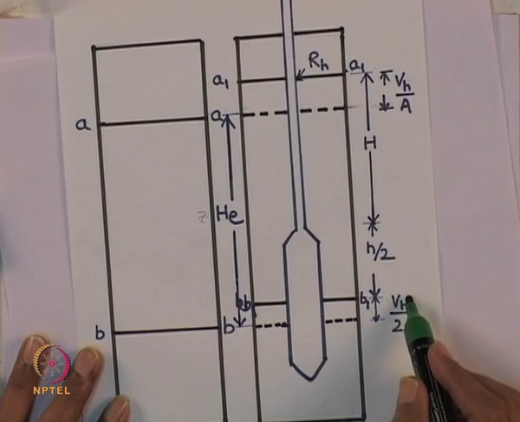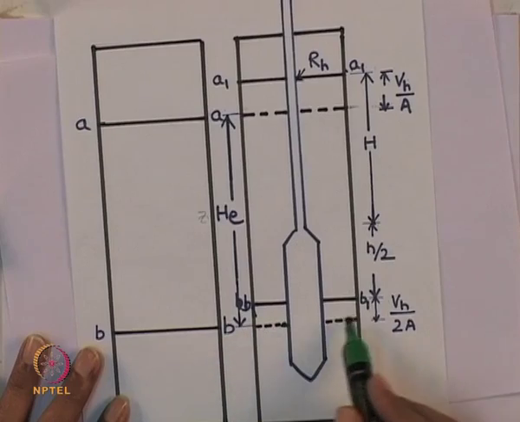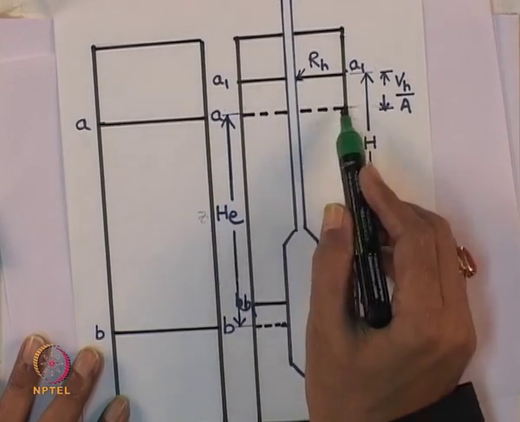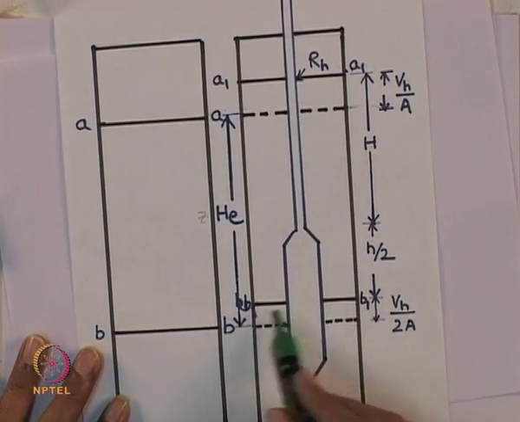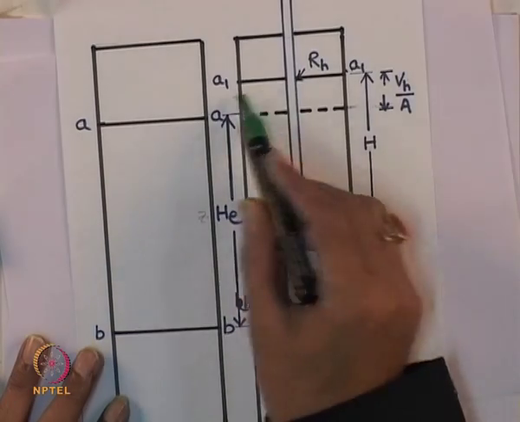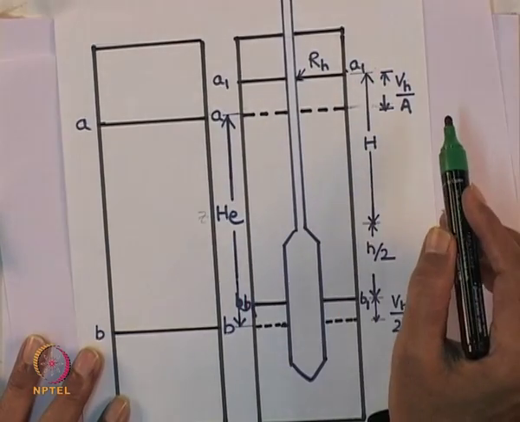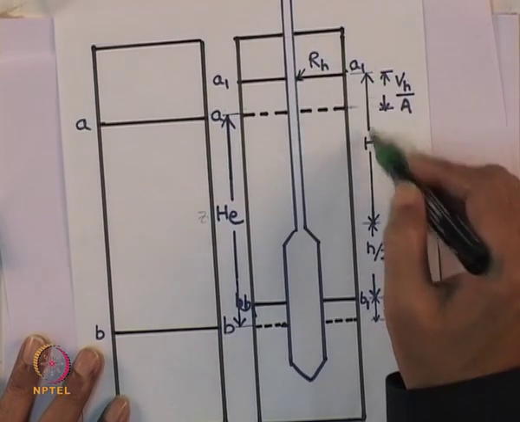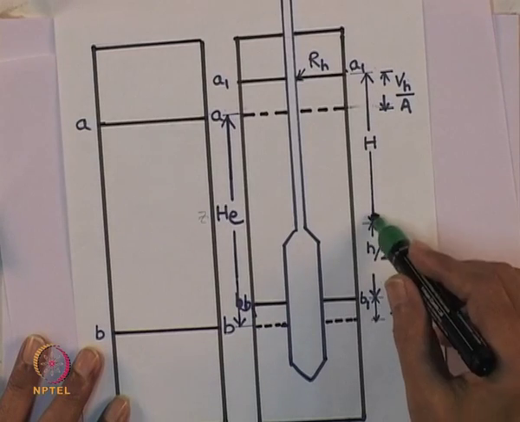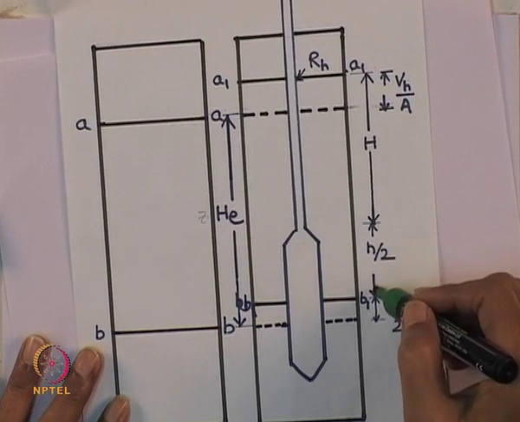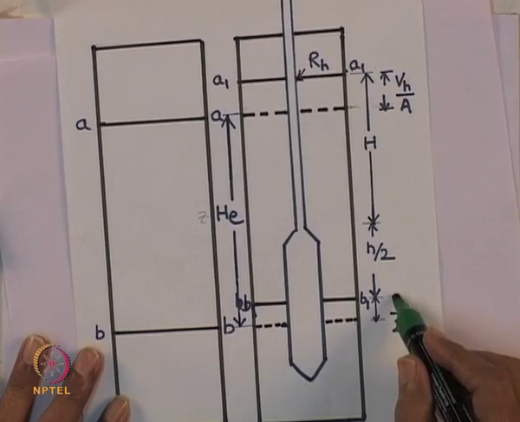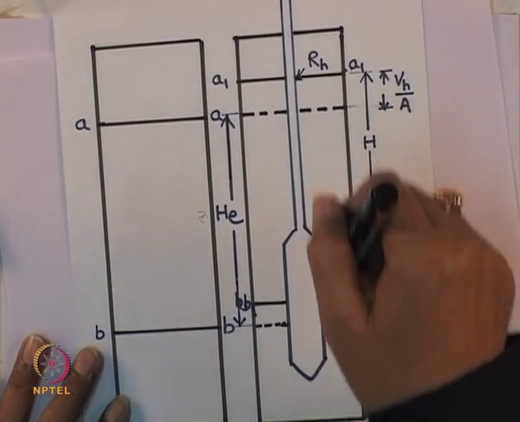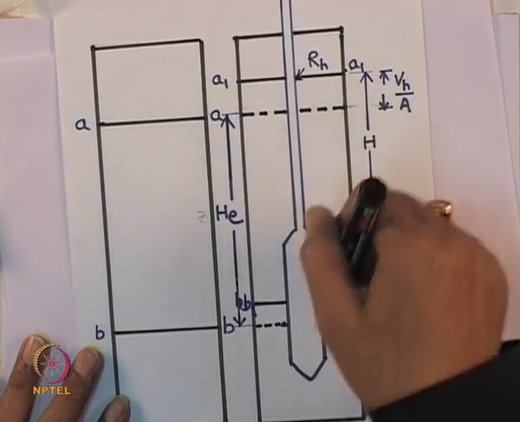If the initial position is here, then the final position is B to B1 and A to A1. So this distance is H, this is H by 2, and this is VH by 2A. This is due to the effect of the hydrometer immersion.